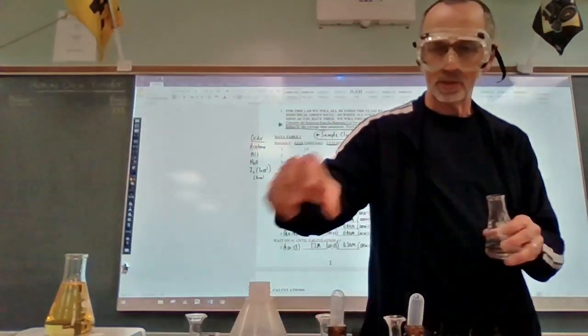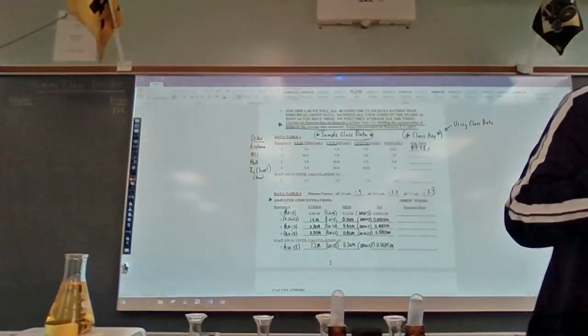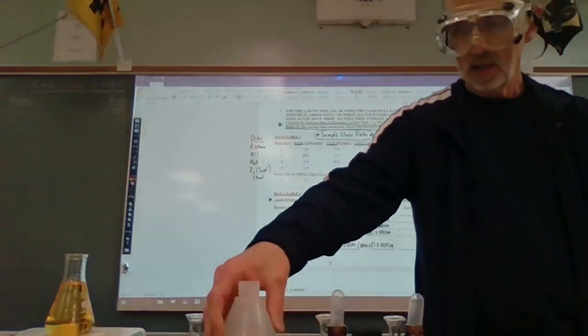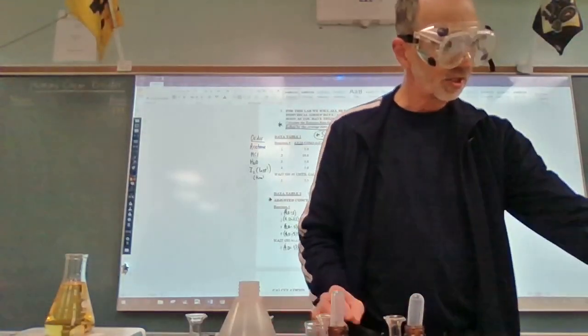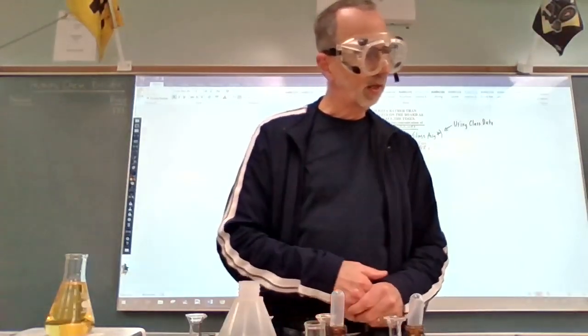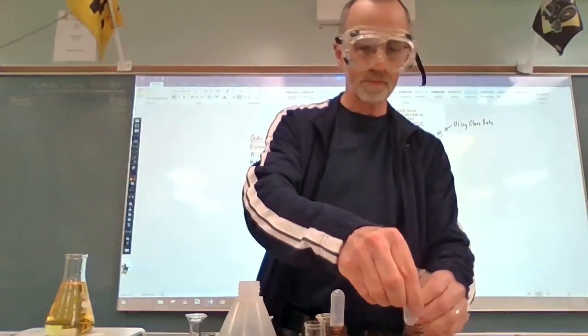Okay, I'm going to dump this out, rinse it out with distilled water, and now we will go on to reaction 2, which is now we're going to start with 10 mLs of acetone.